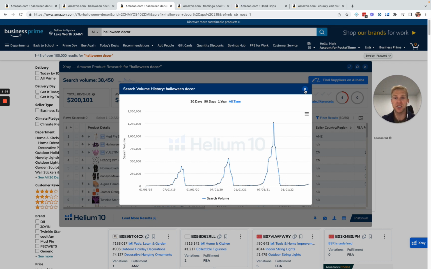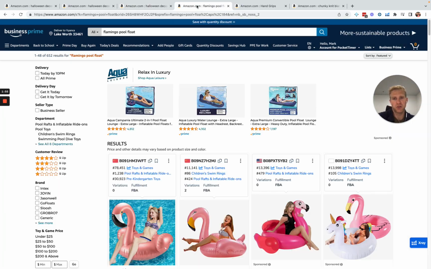So if you were selling anything around that time, you probably made a killing, but it makes ordering inventory extremely difficult because you have to really plan it out ahead of time, and then you're barely skimping by the rest of the year, which really kind of sucks, and that's not what we're looking for.